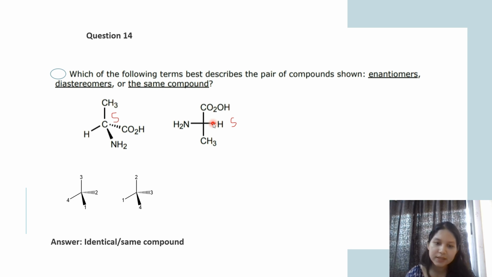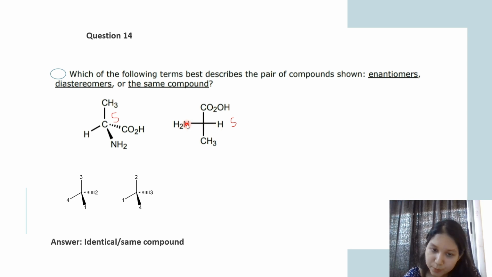You can see that in this Fischer projection, the fourth priority group is placed in the horizontal plane. So if we move in a clockwise direction, that configuration will be S, and the anti-clockwise direction will be R, because the fourth priority group is in the horizontal position.